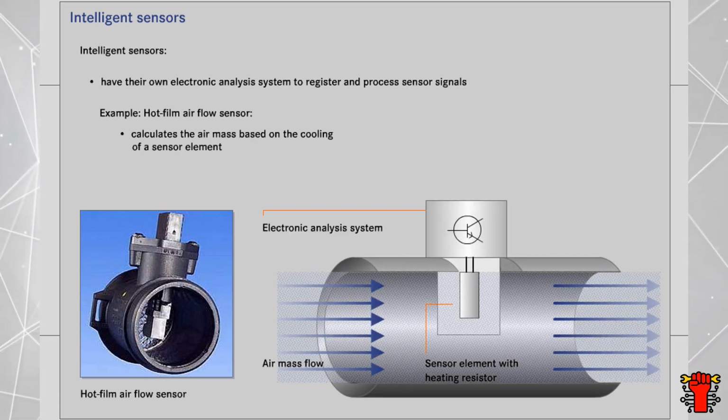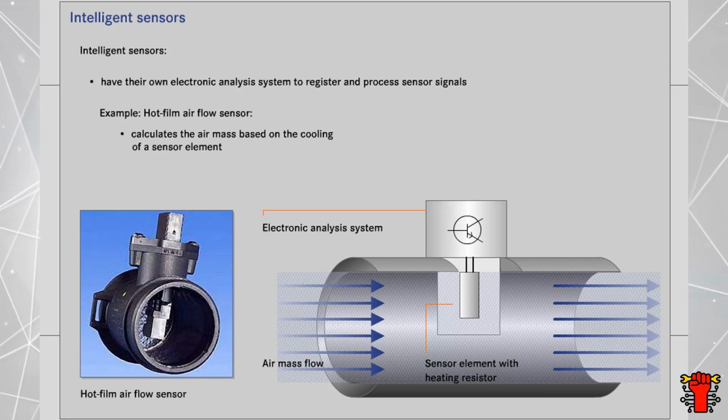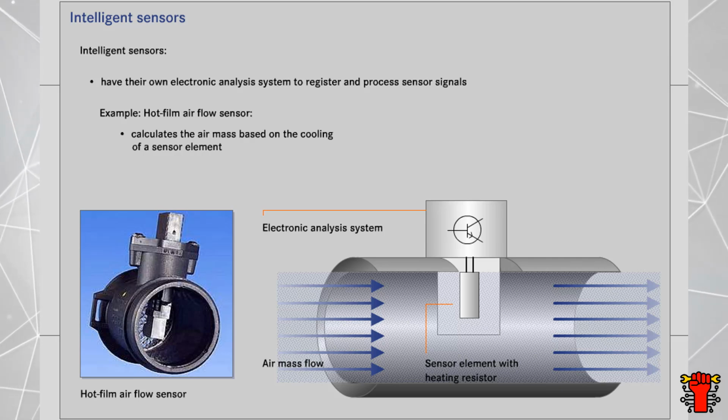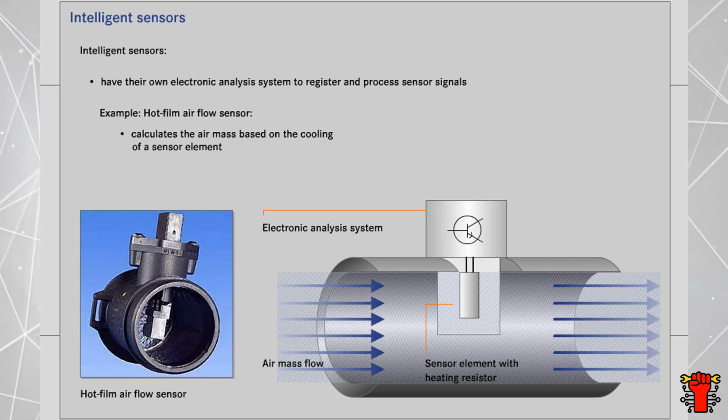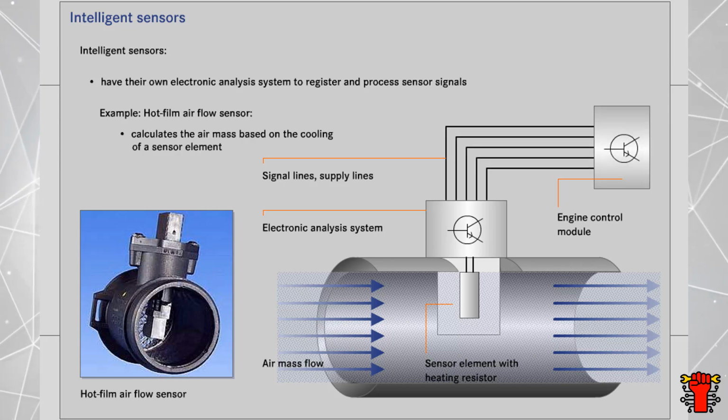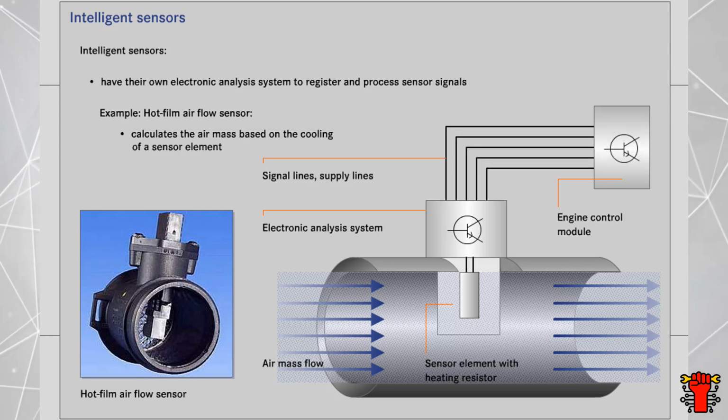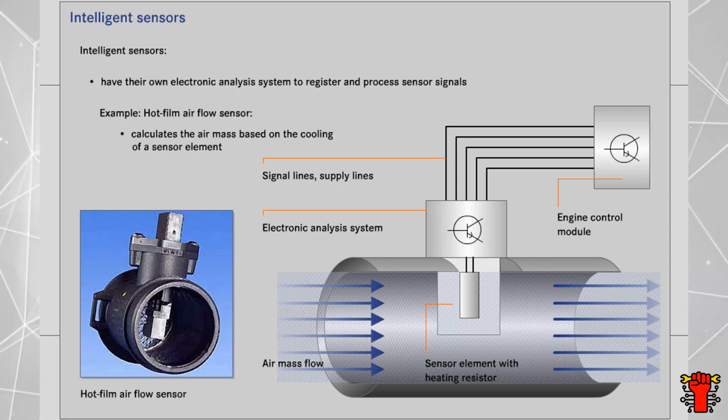However, this is only possible if the electronic analysis system is, at the same time, responsible for the controlled heating and temperature monitoring of the heating resistor in the sensor element. The control voltage required to heat up the resistor is used by the control module as a measure for the intake air mass.